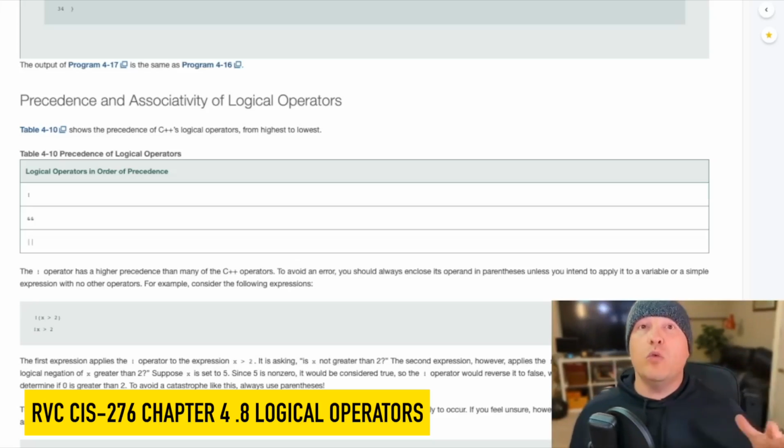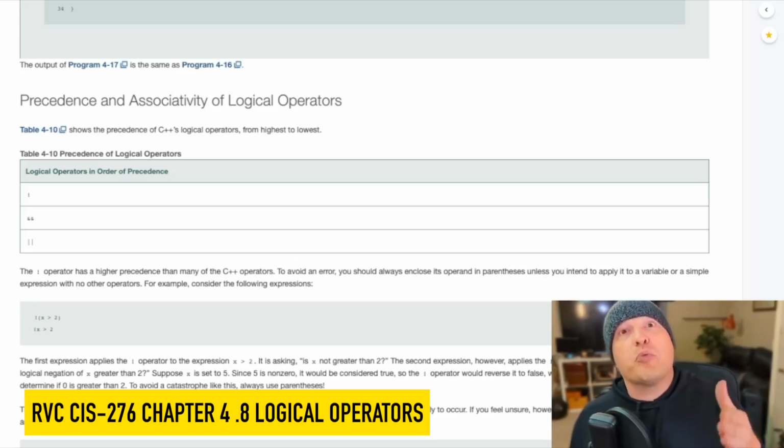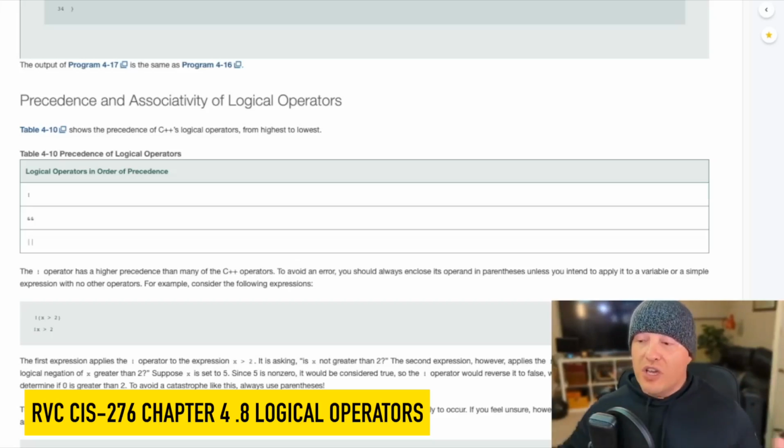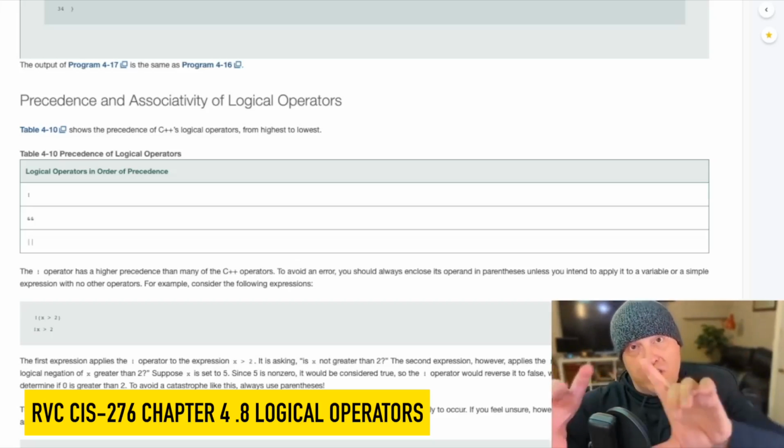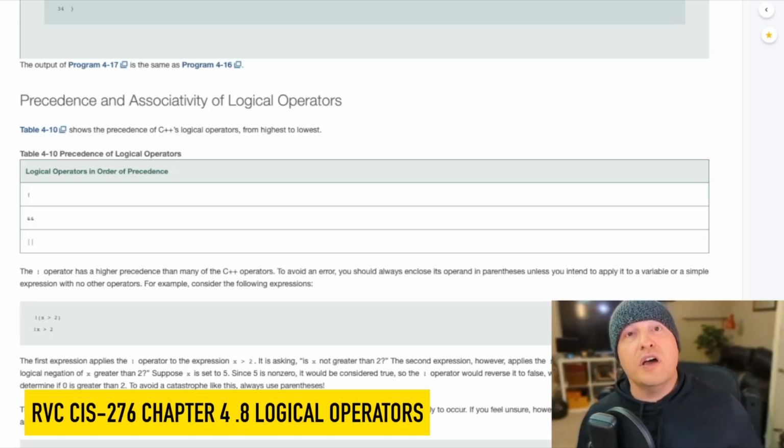So be aware that the not expression has some primacy here in not just C++, but all things computer science, because what it allows us to do is essentially turn upside down an otherwise large block of logic and make it much simpler.